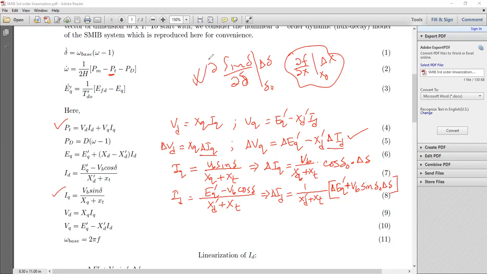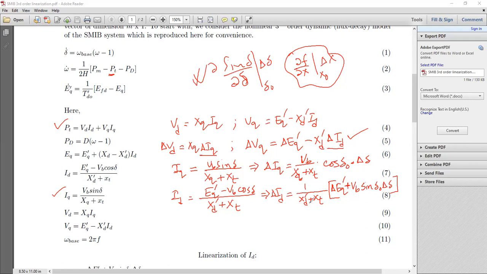So we have seen that IQ, ID, VD, and VQ are now all in terms of the deviation variables. If we want, we can use some different notations now, just to simplify the expressions, which you will find in the second page of this slide. I will keep up to this point here, and when I explain from the slide, I will show you.